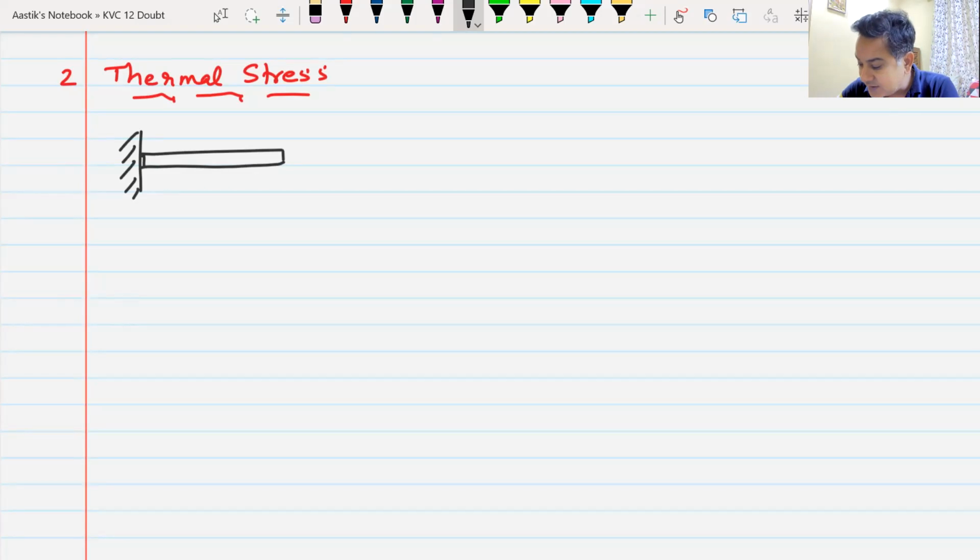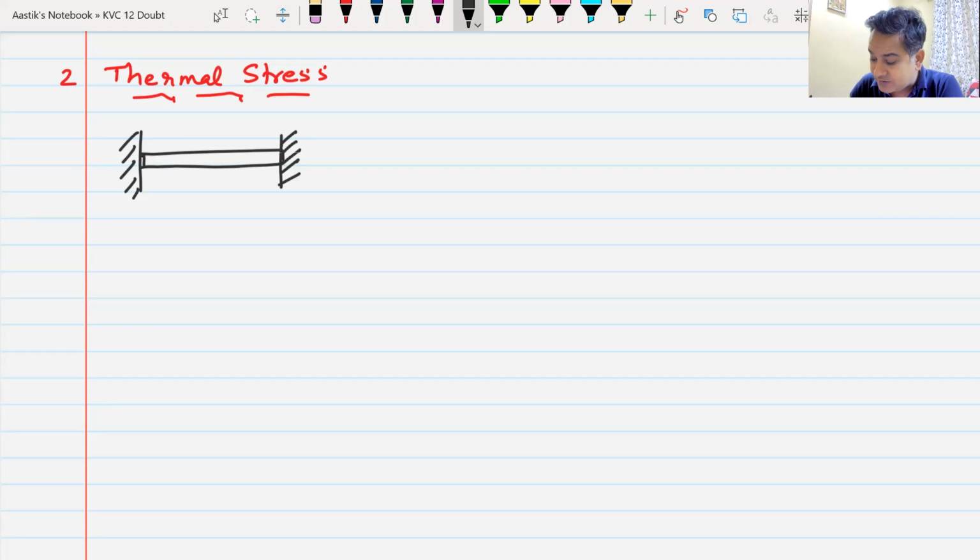But if I clamp it from both the ends, what will happen? If now I increase the temperature of this rod, it has nowhere to go. It cannot expand. That is the condition when thermal stress comes into this rod. Do we understand this? So when the rod is clamped from both the sides, thermal stress is developed in the rod.